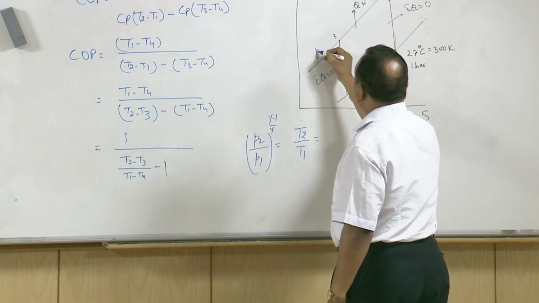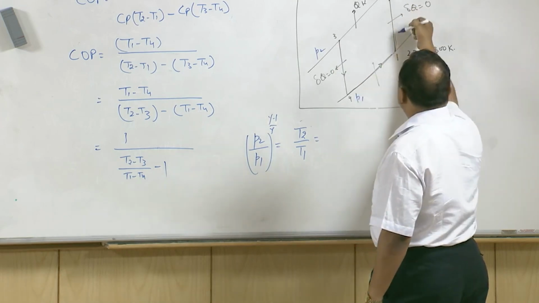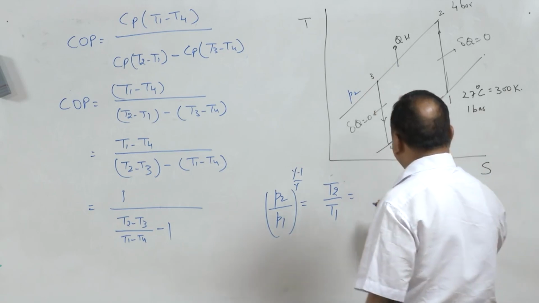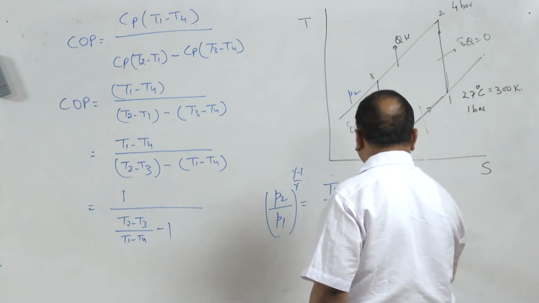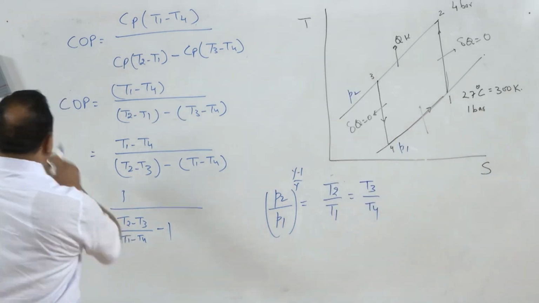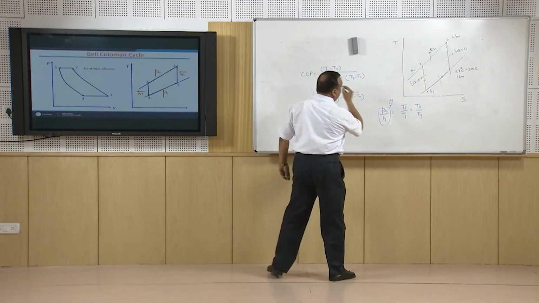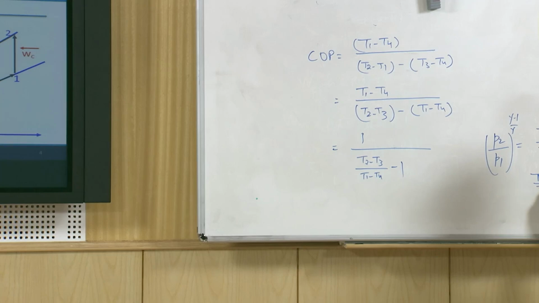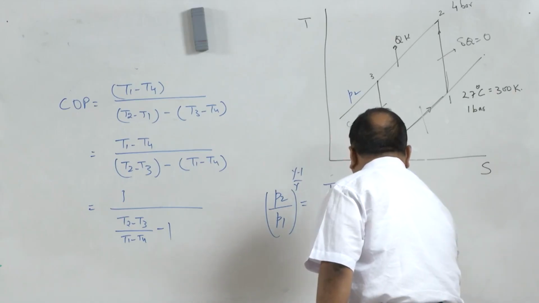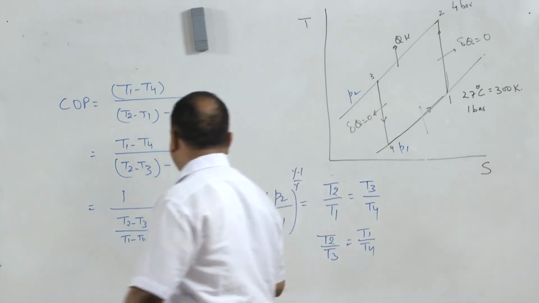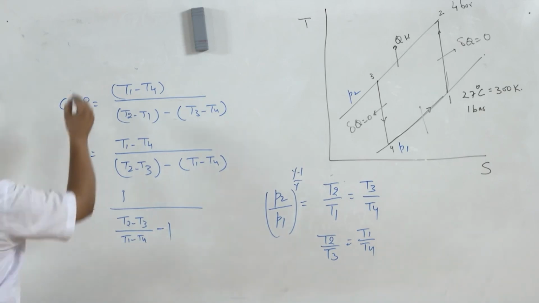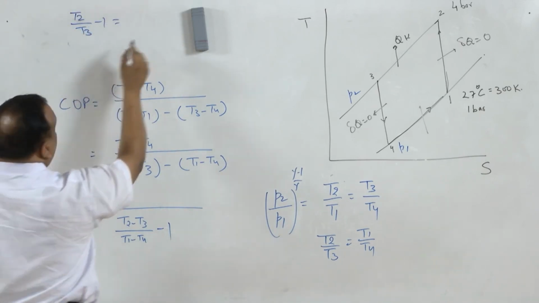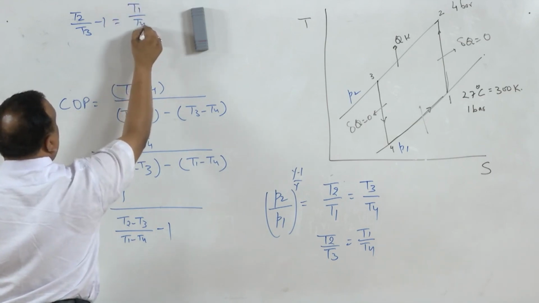P2 by P1 is equal to T2 by T1, from the ideal gas relation, which is equal to T3 by T4. If we take this relation, T2 by T3 is equal to T1 by T4. So, T2 by T3 minus 1 is equal to T1 by T4 minus 1.